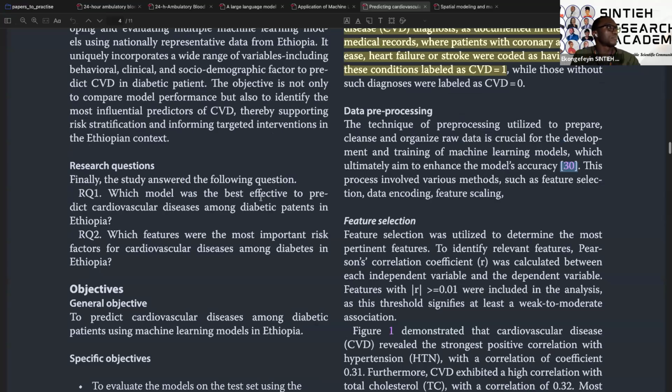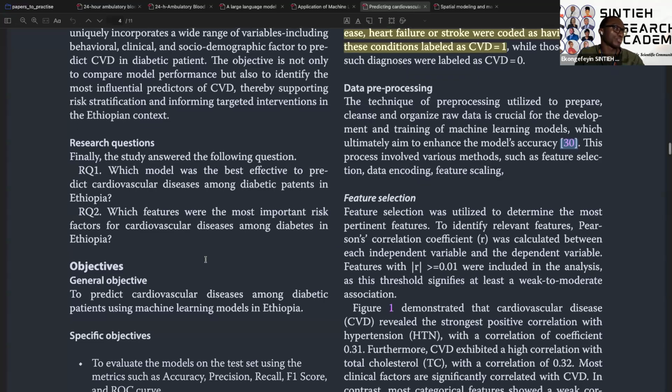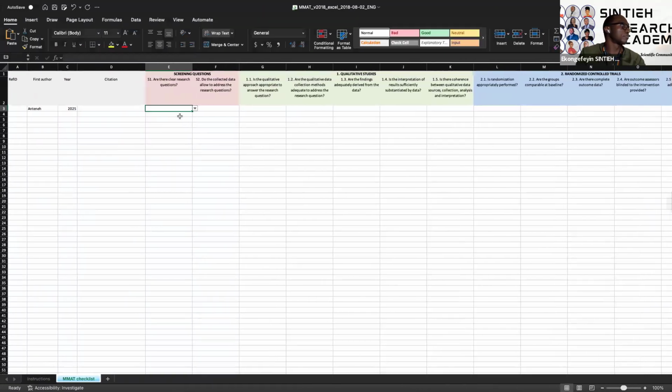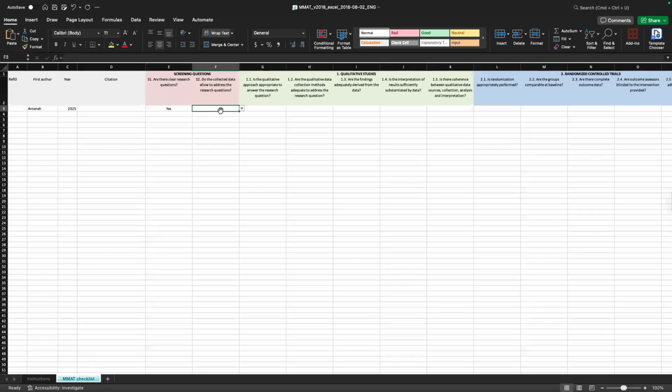Which model was the most effective to predict cardiovascular disease among diabetic patients? Which features were the most important risk factors for cardiovascular disease among patients? So the research questions are clear. Do we agree as a team? Yes, doctor. Good.